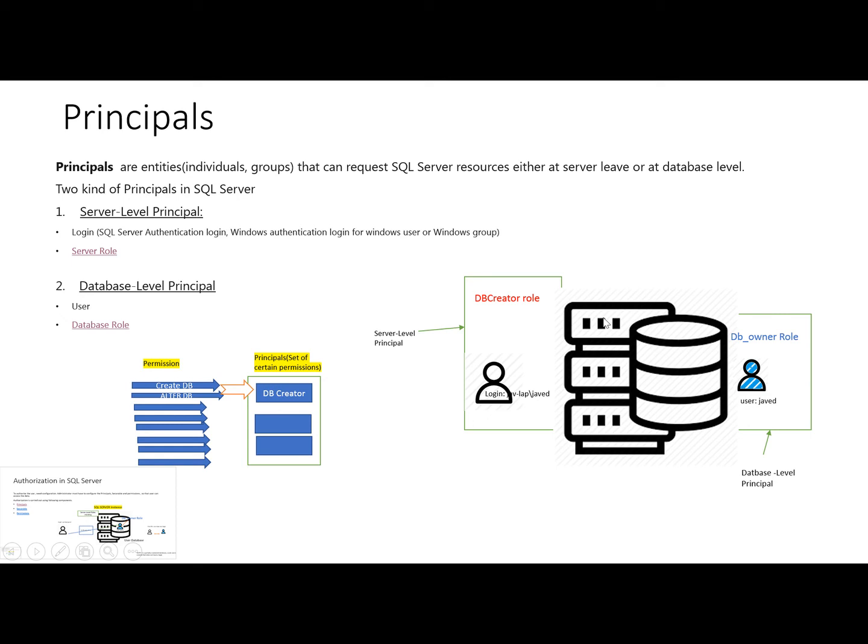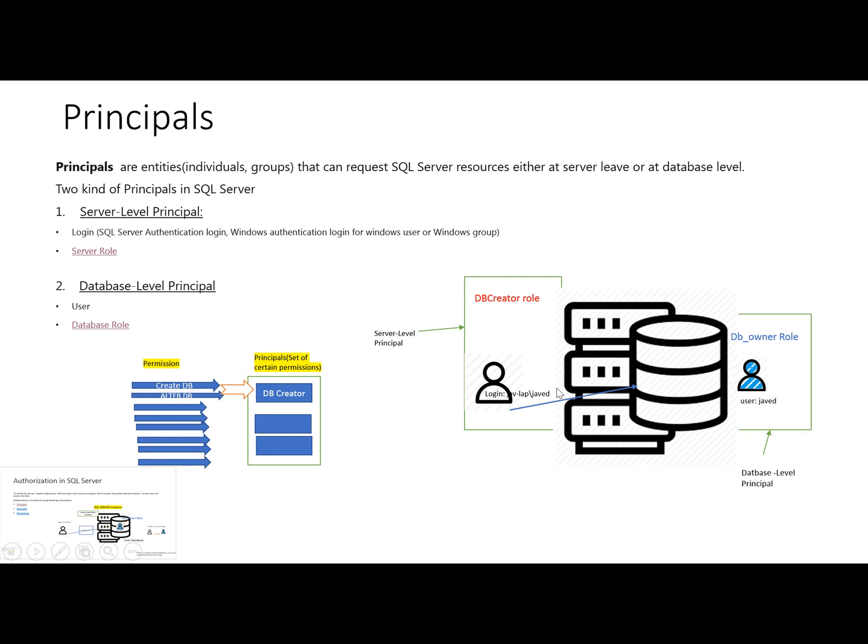SQL Server will find that this login has the role of DB creator. These roles define what it can do at the server level. The roles at the server level and the login itself are known as the server level principals.